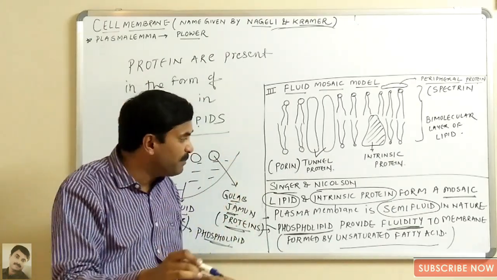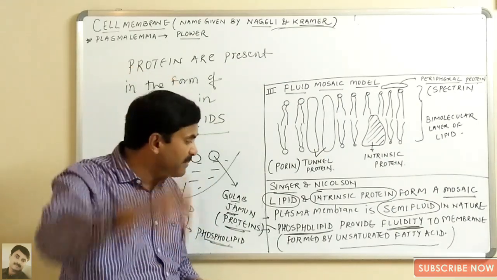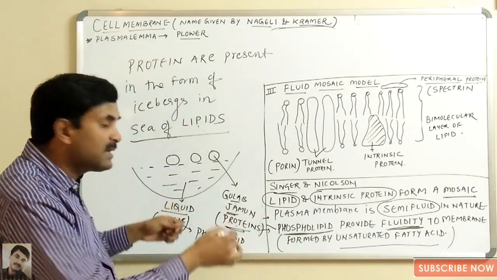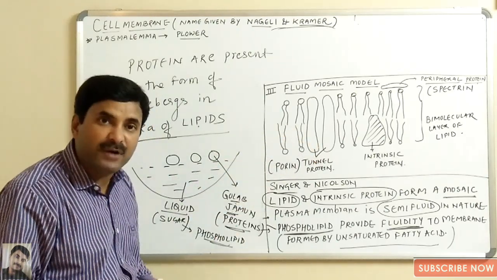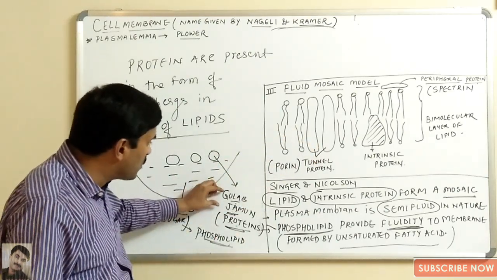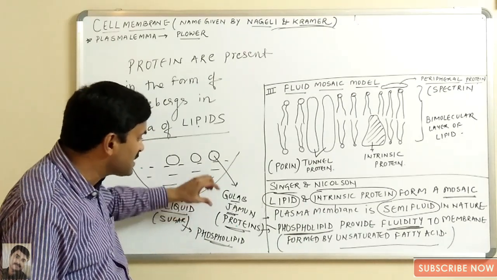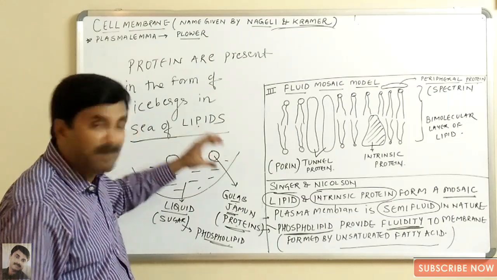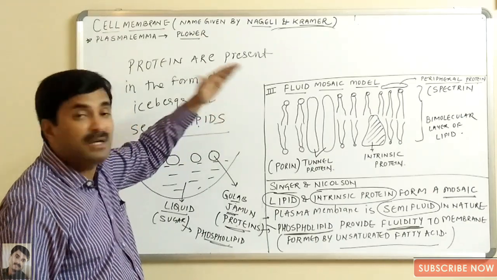Here the phospholipid provides the fluidity to the membrane, while in the sea of phospholipids the proteins are embedded at different places. Just like the gulab jamuns are dipped in the sugar solution, proteins are dipped in the sea of lipids. This is the best model which explains the structure of the cell membrane.